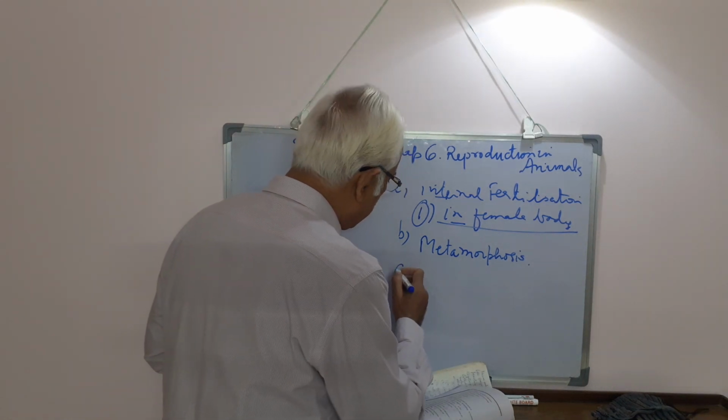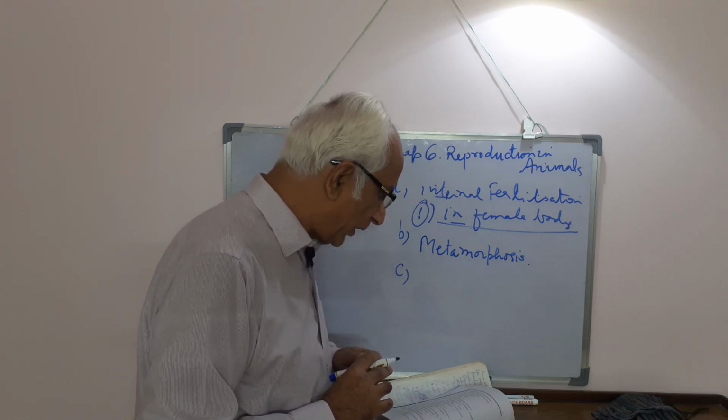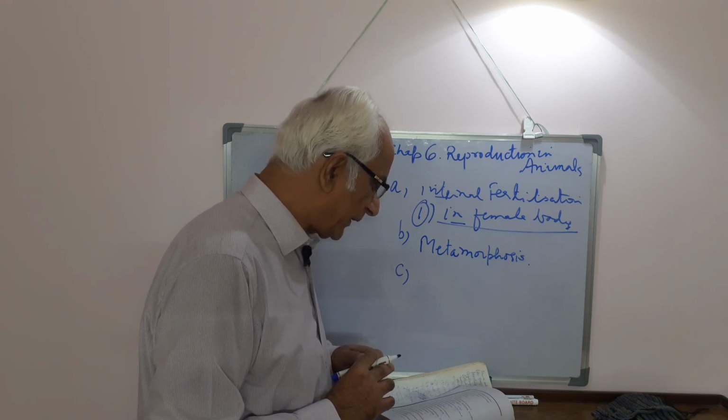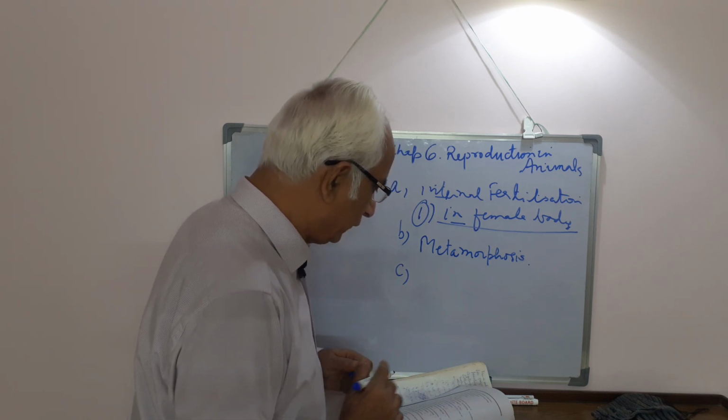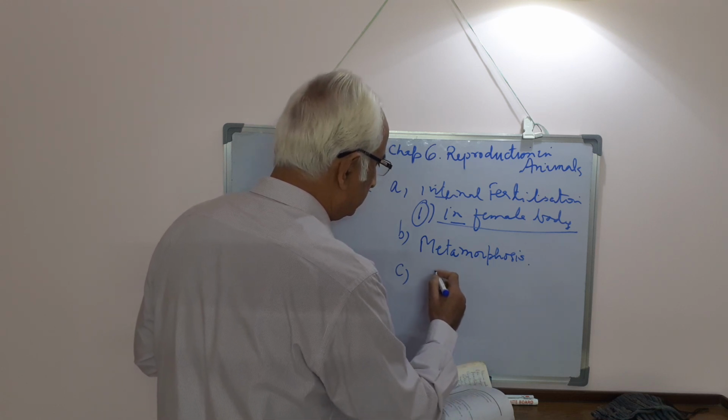So what is the third question? C. The number of nuclei present in a zygote is, first option is 0, second 1, then 2 and 4. The answer is 1. That is part 2.